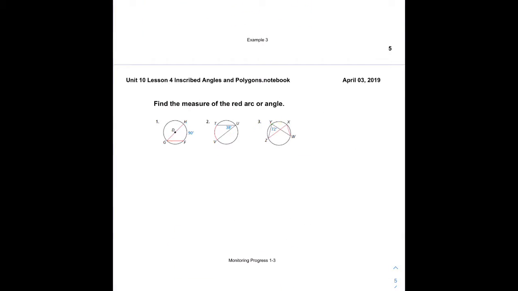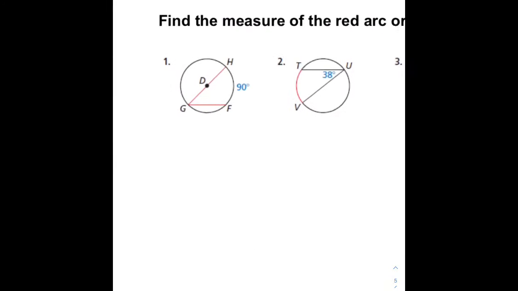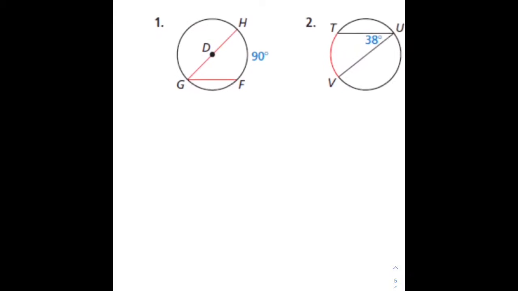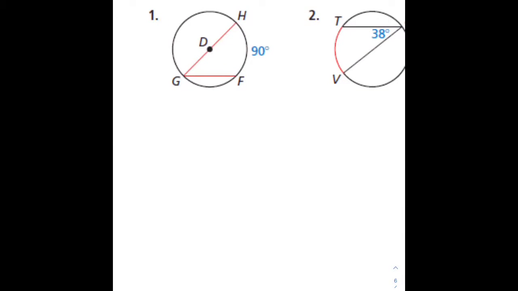So now let's do some more example problems. They want us to find the measure of the red arc or angle. On problem 1, the red angle cuts off arc HF. If that's 90, that means the angle has to be half of that.